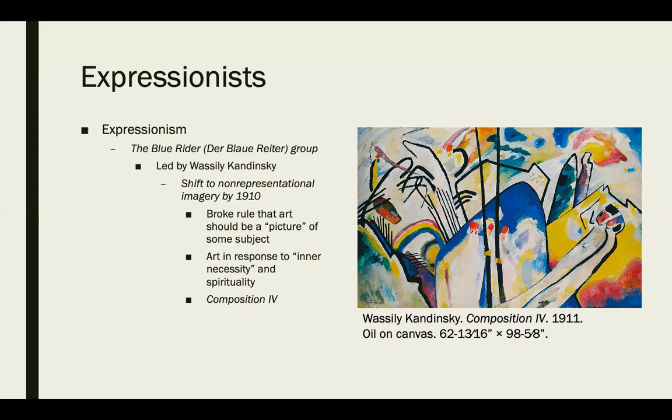So Kandinsky, the way he jump started this, and I feel like I maybe have talked about one of his pieces like this before, but we'll talk about it again in this context. Non-representational art for Kandinsky was art in response to inner necessity and spirituality. The way that he began doing that, there was a movement at Black Mountain College, which is around the Asheville area.